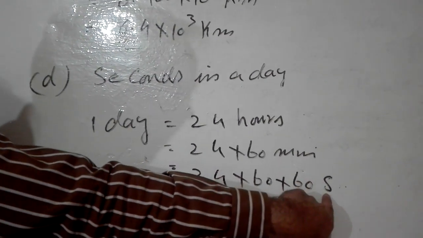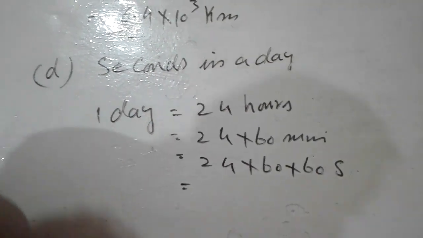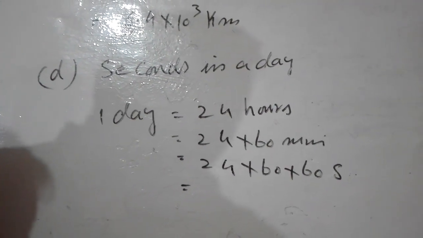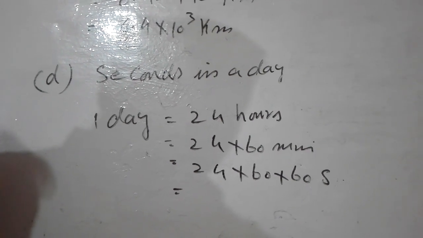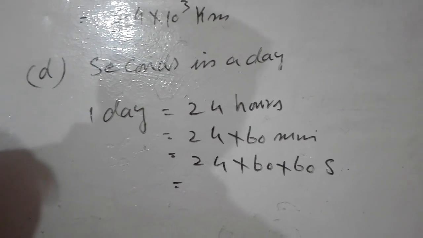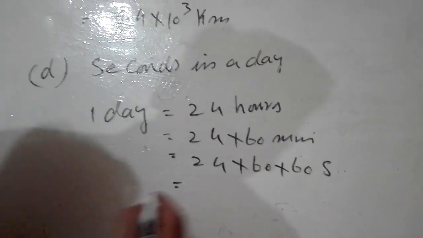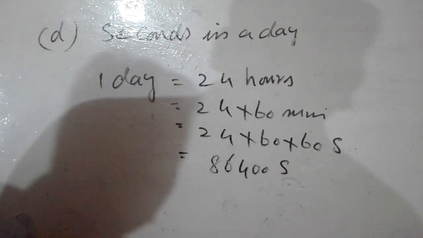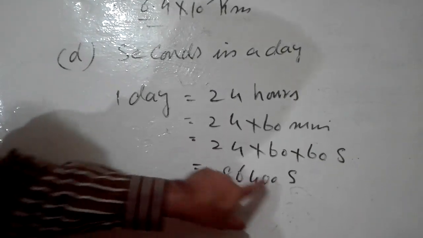So now when you multiply 60 into 60 into 24, you will get 86400 seconds. So this would be your answer, 86400 seconds, but you have to convert it into standard form.